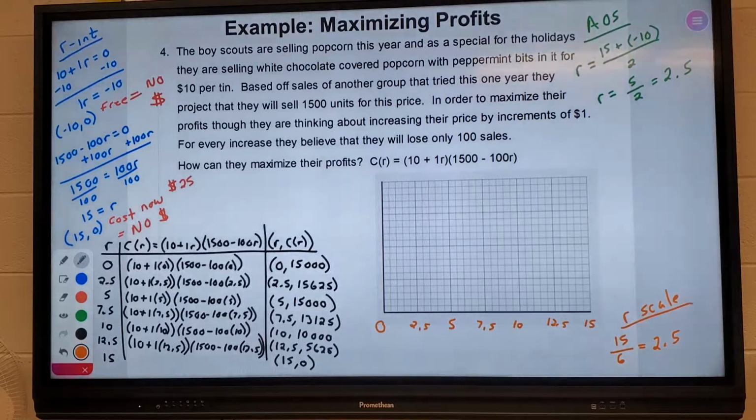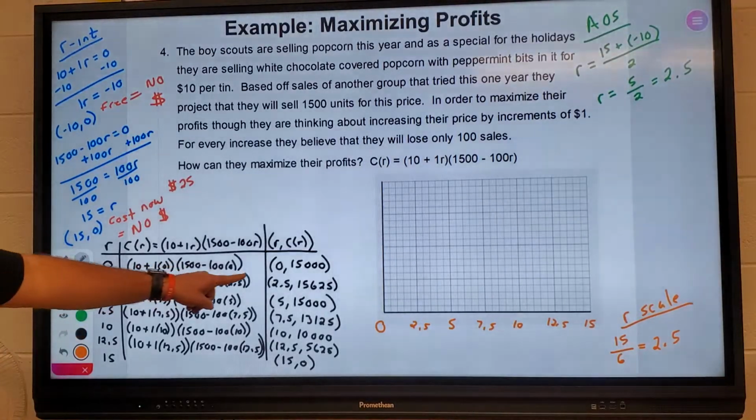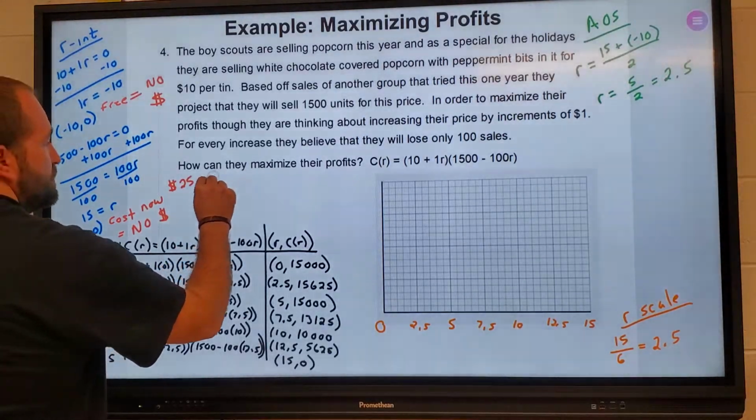Okay, so from here then we again have to find what's now the C of R axis scale. So we're going to take that value that comes from the AOS and gives us the largest Y value here in the table, and we're going to divide that by 4. So I have C of R scale.